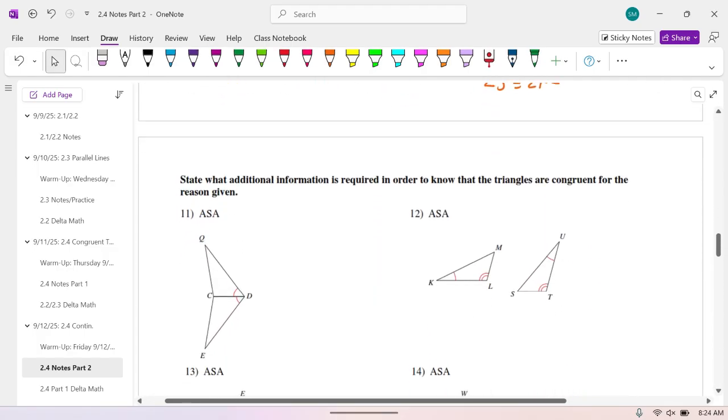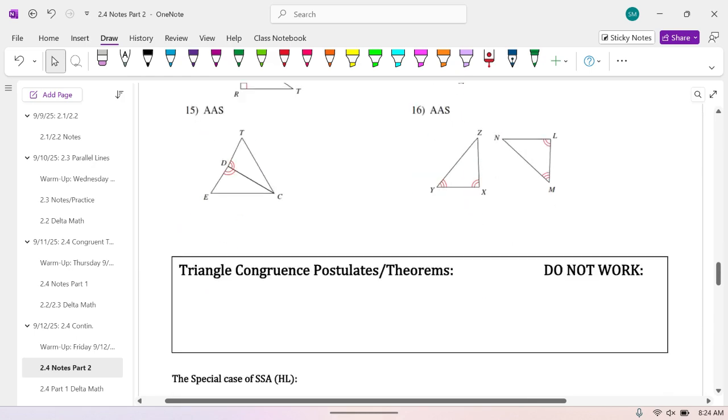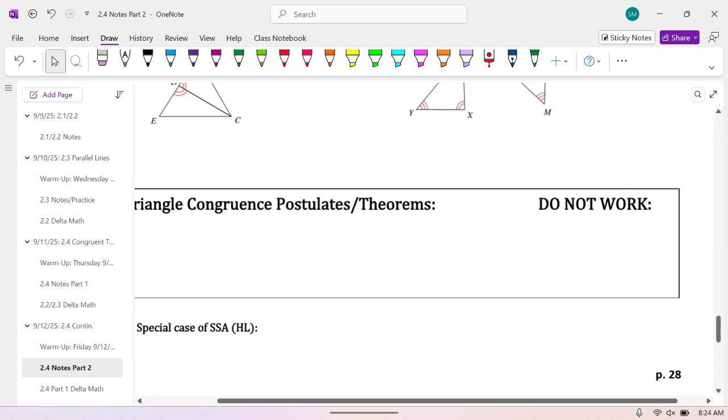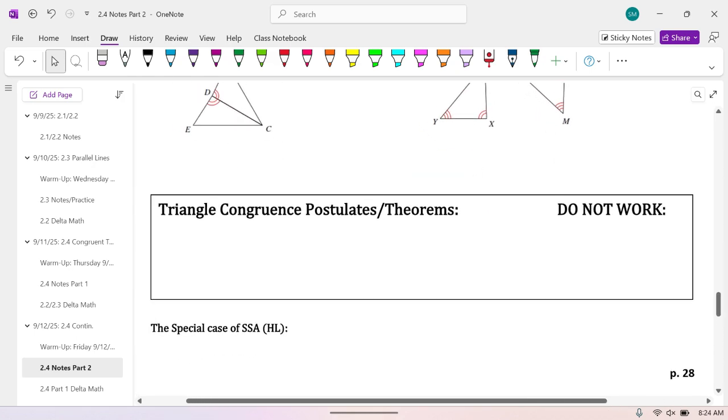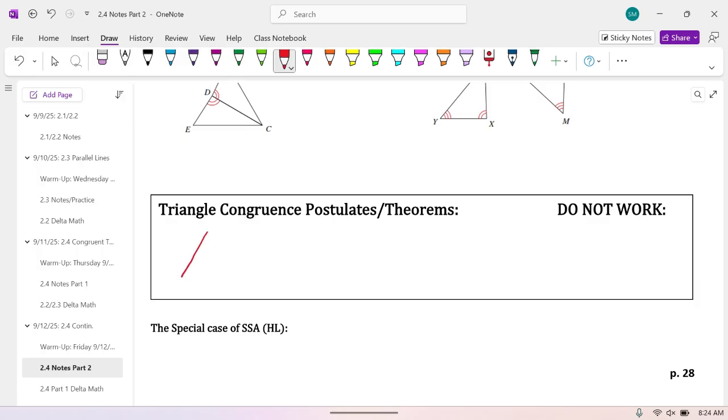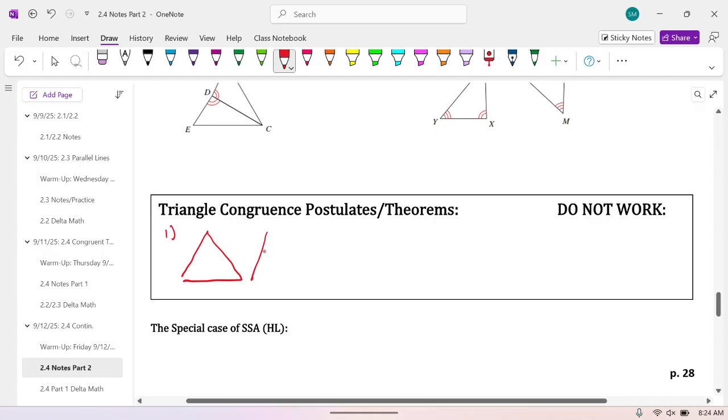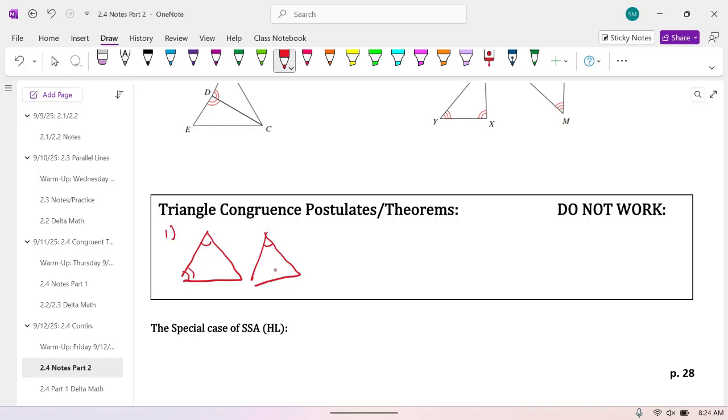All right. So, here are the postulates that do not work. The first one is angle, angle, angle.